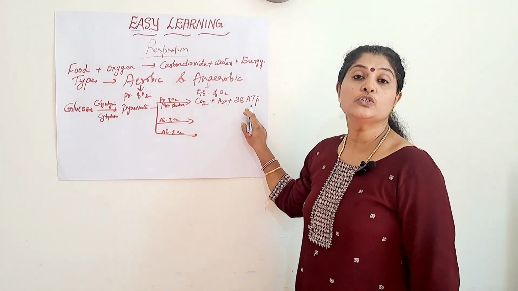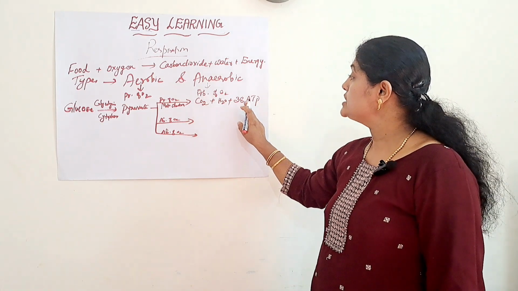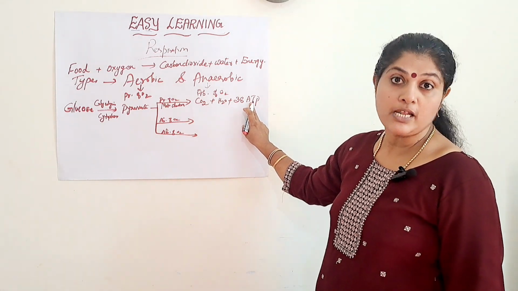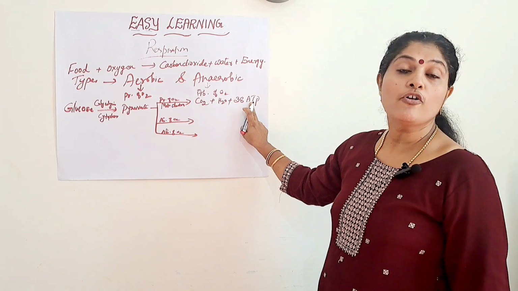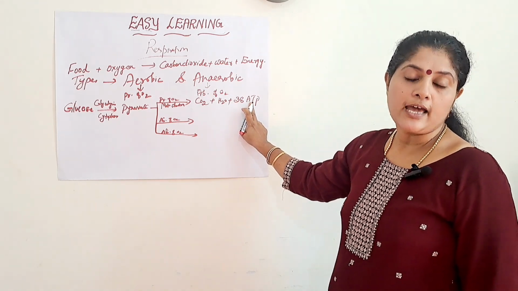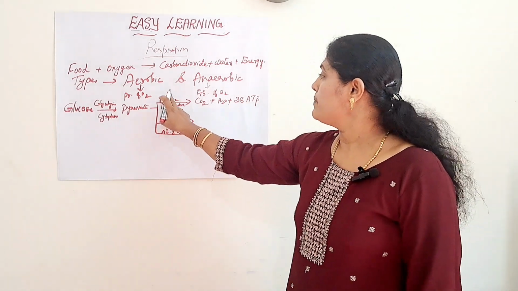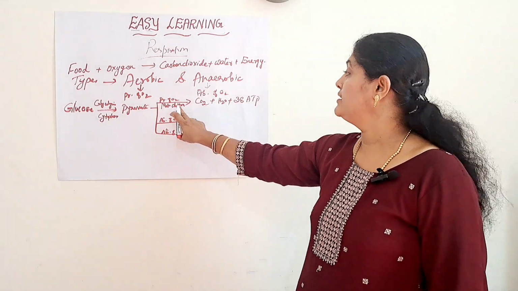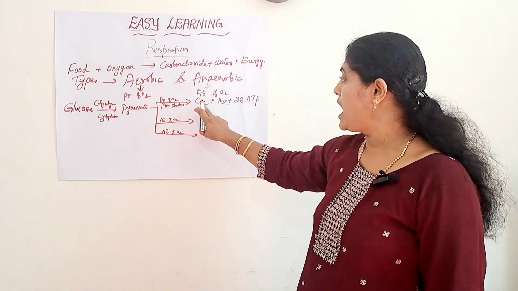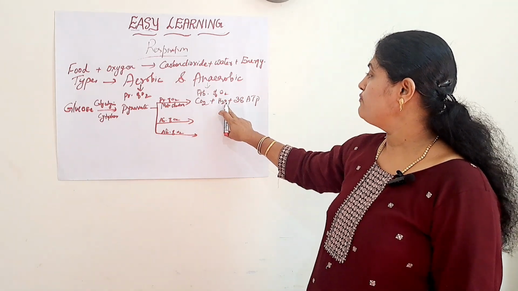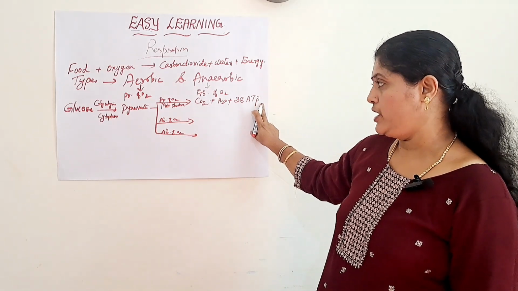ATP means adenosine triphosphate. The energy is stored in the form of ATP molecules in mitochondria. Mitochondria is known as the energy currency of the cell. All that we have studied in 9th standard. So in the presence of oxygen, it takes place in mitochondria to give carbon dioxide, water and 38 ATP molecules.